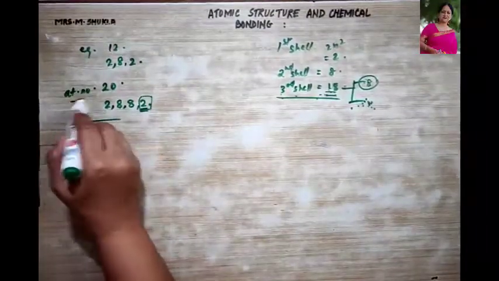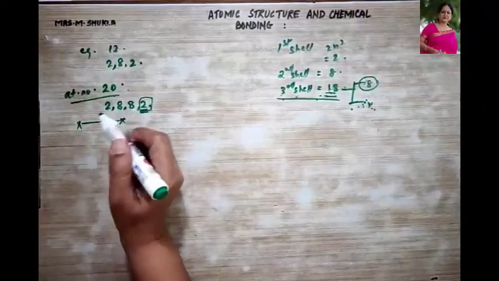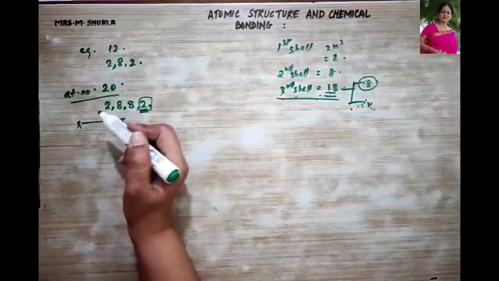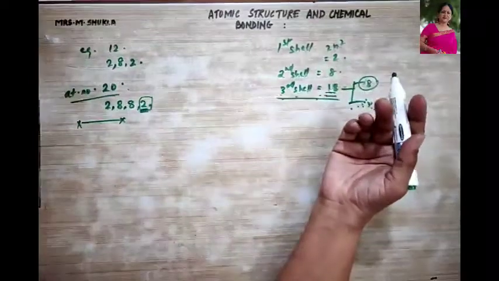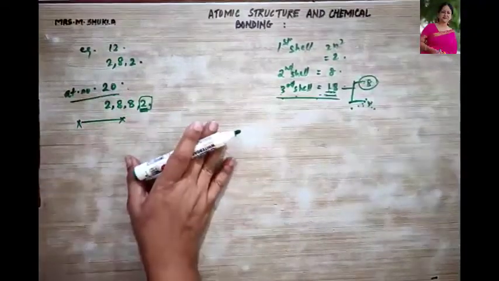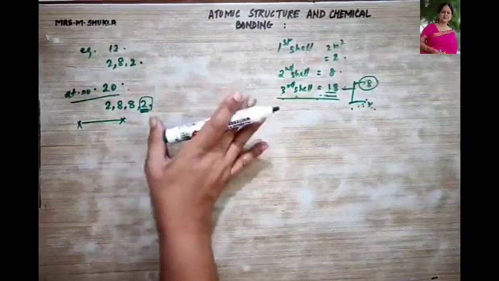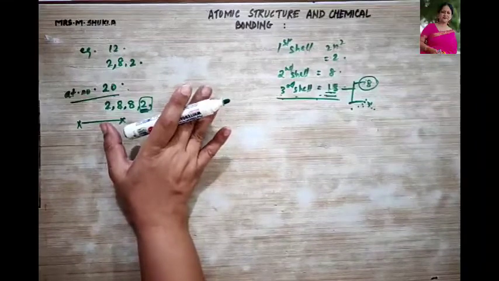Configuration is only till atomic number 20. Above 20, the atomic number configuration has a different way of configuring the electrons that you will study in the senior class. So till atomic number 20, you need to know how to do the configuration.